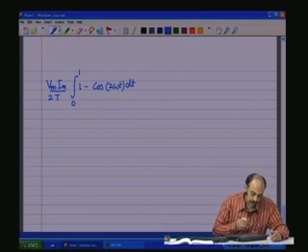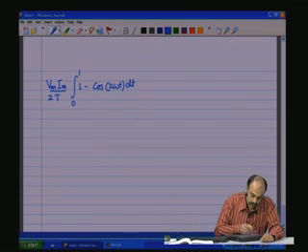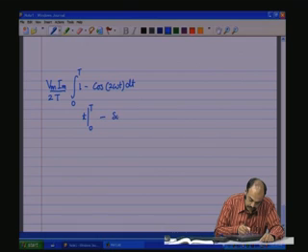This is nothing but t from 0 to t, minus sine 2 omega t by 2 omega from 0 to t.